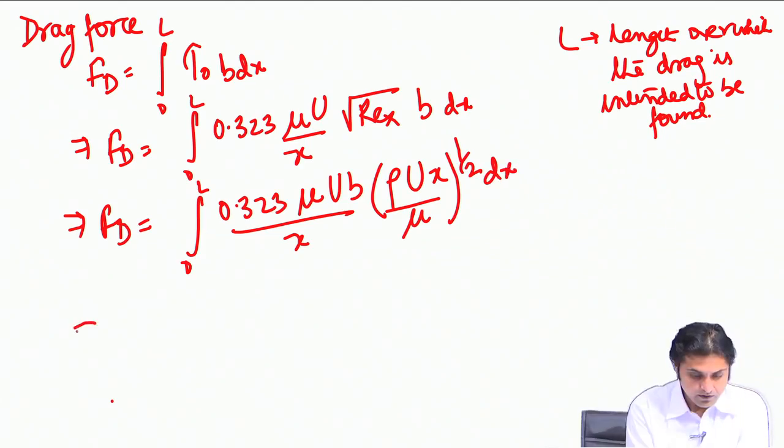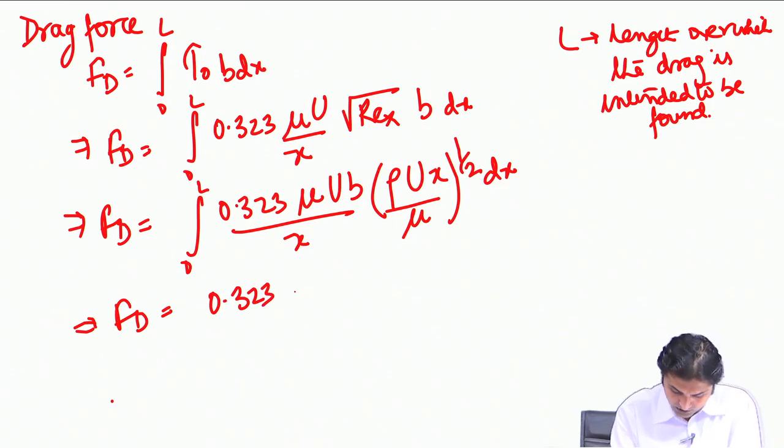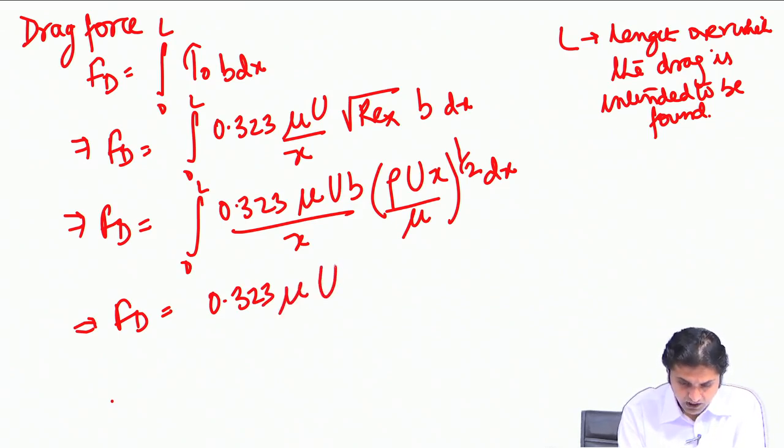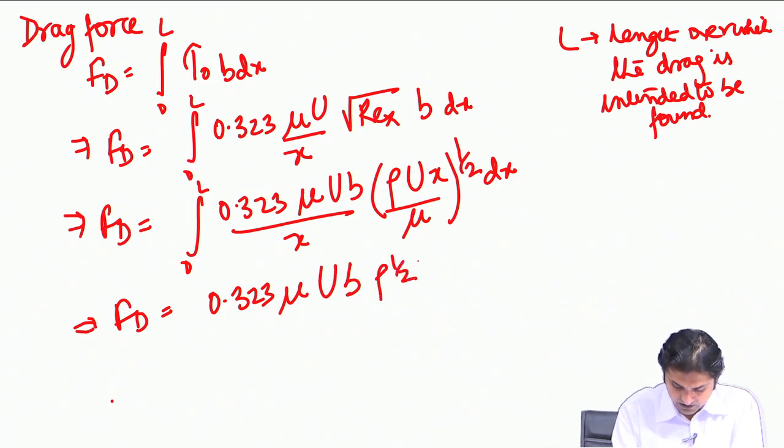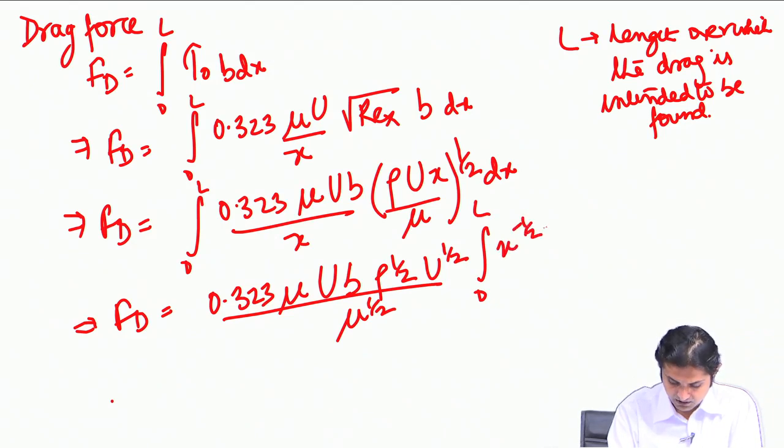So, Fd can be written as, after integration, 0.323 mu capital U b rho to the power half, capital U to the power half, mu to the power half, which come out, integral 0 to L x to the power minus half dx.